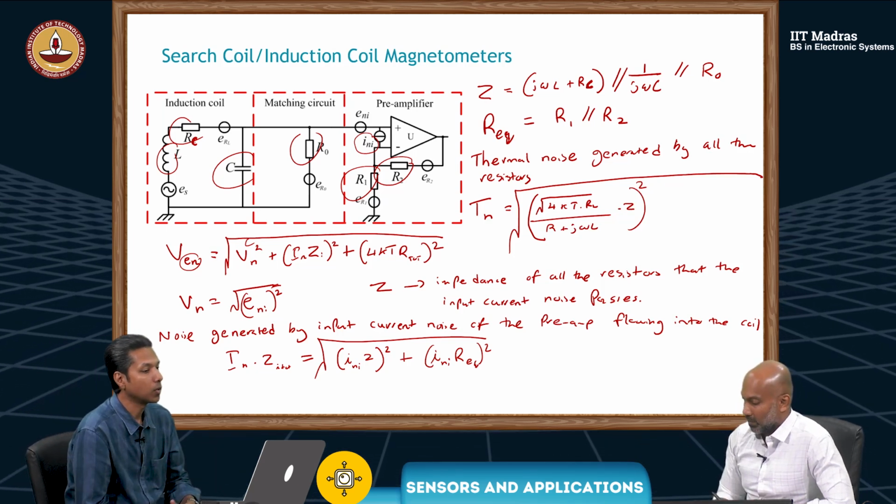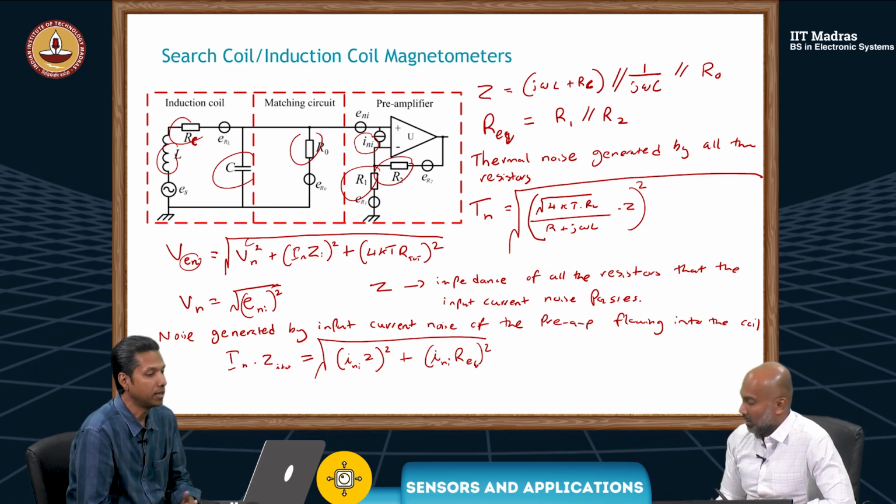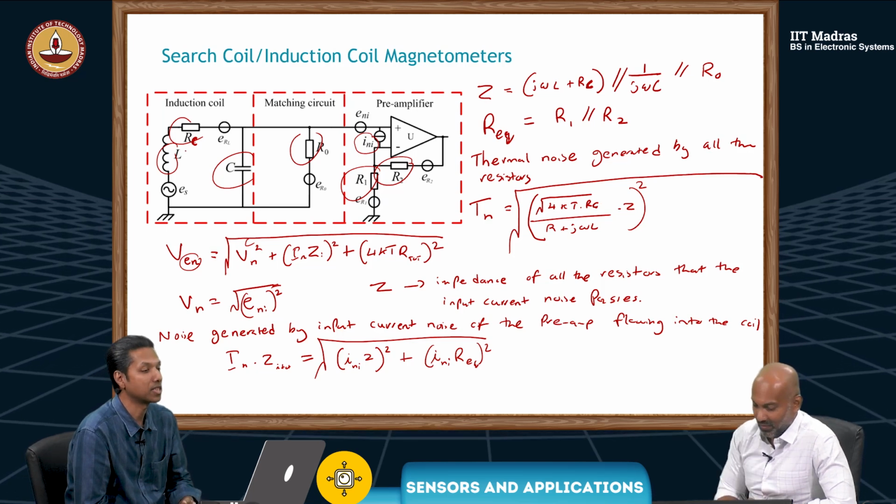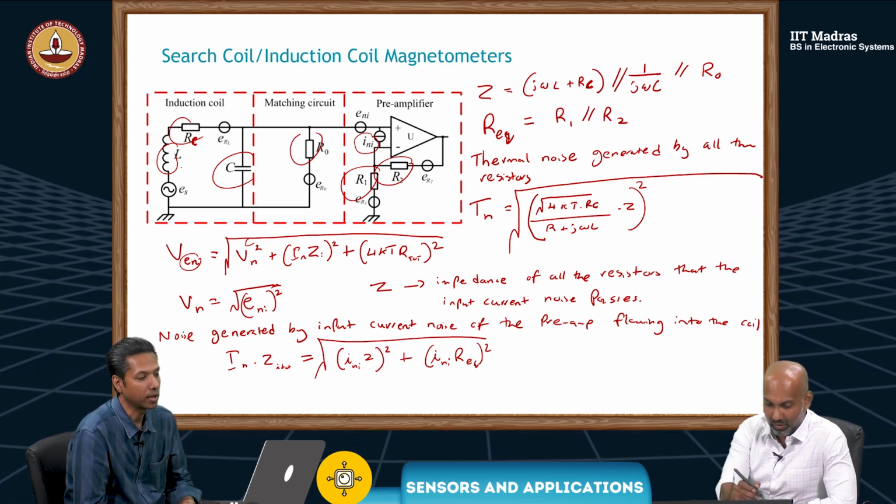So the 4kT RC is the noise of the first source, of this one.